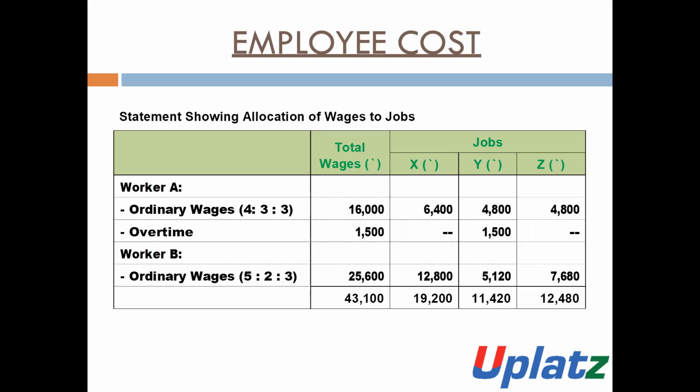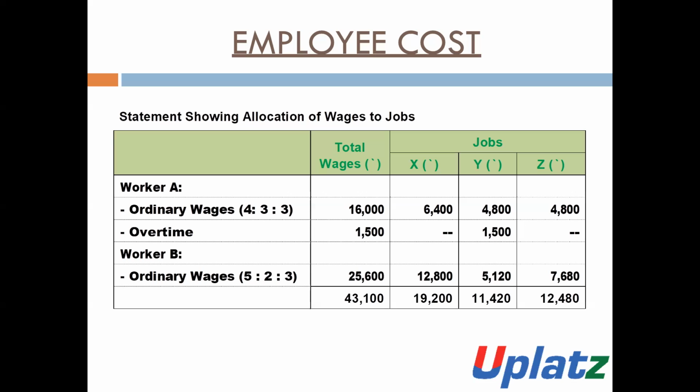Then the total wages for job X is 19,200, for job Y is 11,420, and for job Z is 12,480 rupees. On the basis of this, we can understand how to allocate the wages to the particular jobs, because the total amount of wages is 43,100.